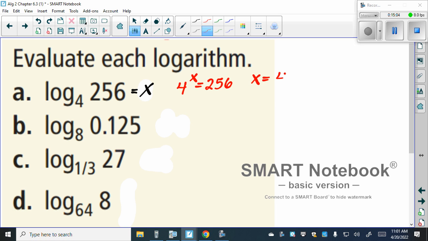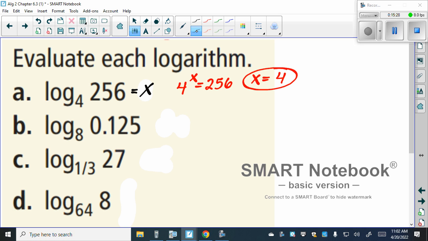And this here would be 4. Or we could have just kept dividing 256 by 4 till we get to 1. Either way works.